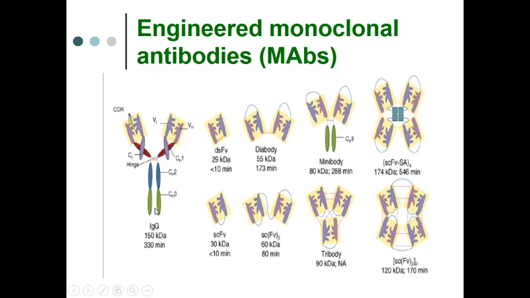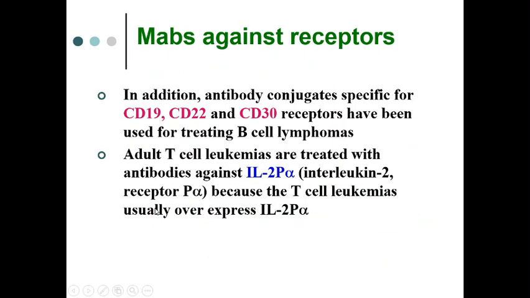So this monoclonal antibody, when it is injected, which is specifically meant for CD19 or CD22 or CD30 of the B-cell lymphoma, can bring about B-cell lymphoma lysis by the action of ADCC response or complement-mediated lysis, thereby decreasing the population of B-cell lymphoma cells.